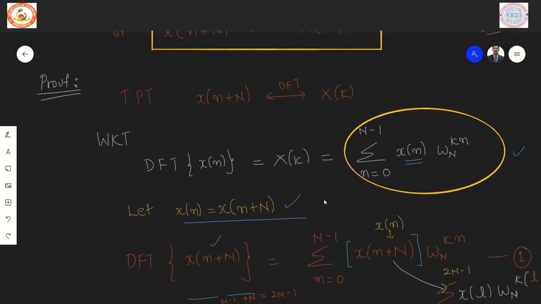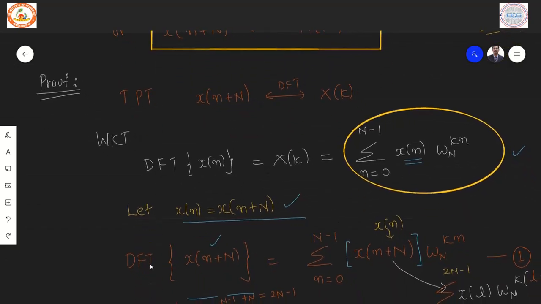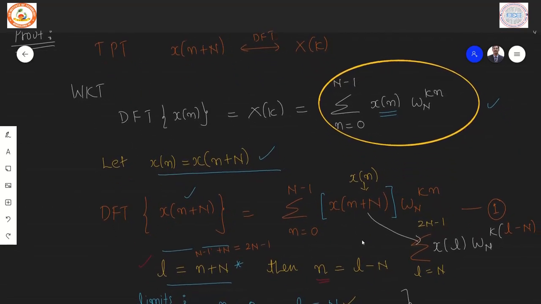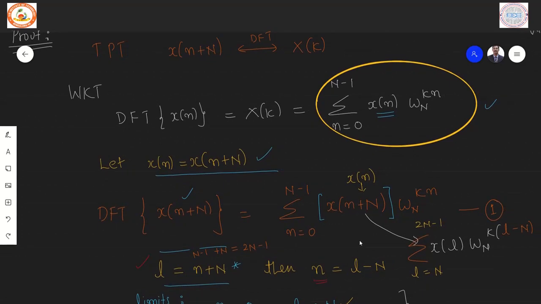Now on doing the substitution, we observe that DFT of x of n plus capital N is equal to, in the summation, in the definition, x of n has to be replaced with x of n plus capital N. Now, after doing this, we would want to simplify it.